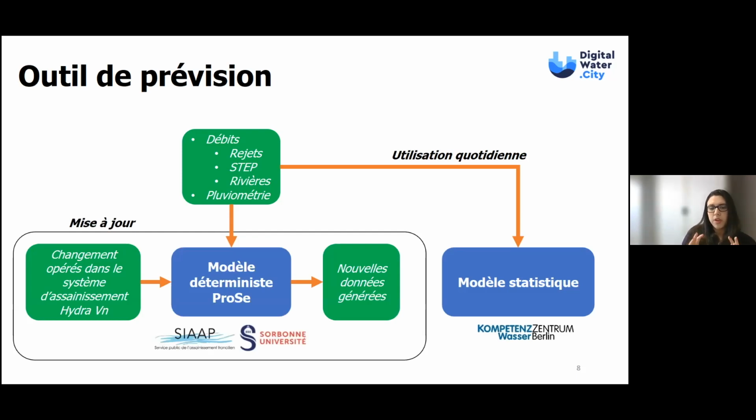So we'll build two new models. The first model, which is the hydraulic model, in which all changes that will take place on the sanitation system will be included. So we'll have new flow rate data according to the changes. This is what you'll get as flow rate or content, and this data will be integrated to a new deterministic model.